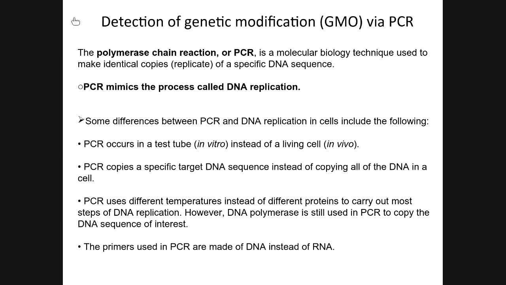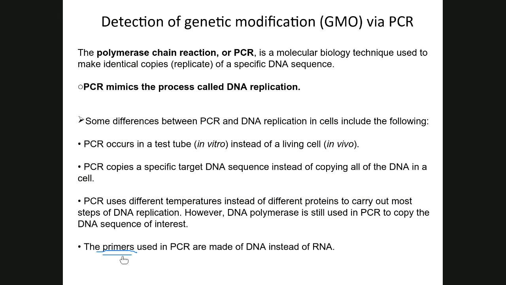So when you perform PCR, everybody, the key to PCR working is in the primers here. You can isolate the DNA of interest that you want to determine if it contains foreign DNA. So if we extract DNA from a plant and we want to know is it a GMO plant or is it organic, the only way we're actually going to be able to determine that is through these primers.